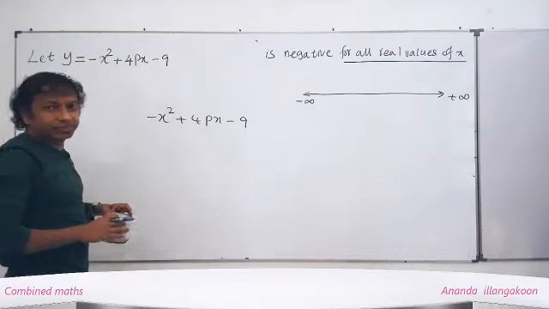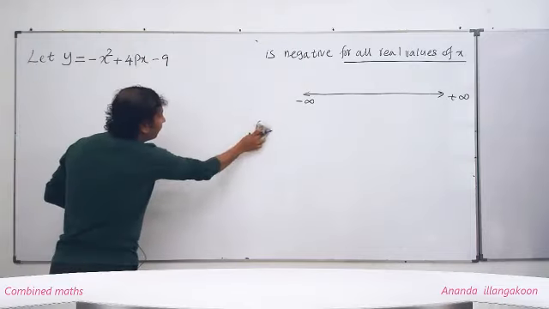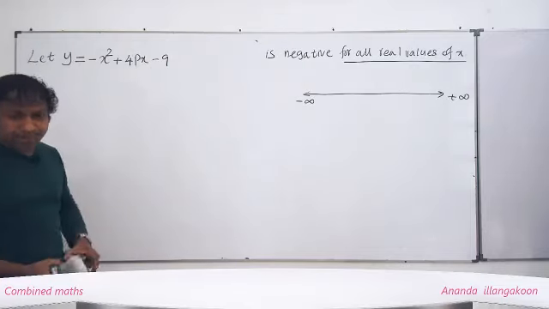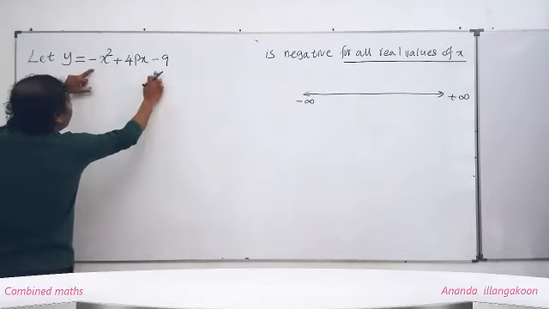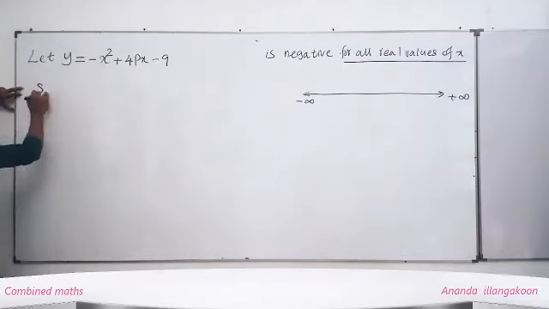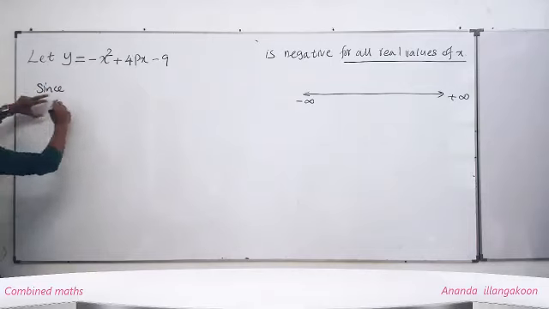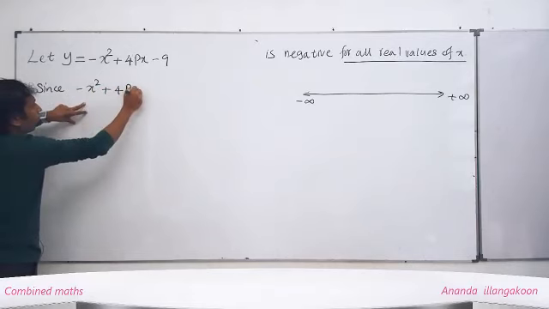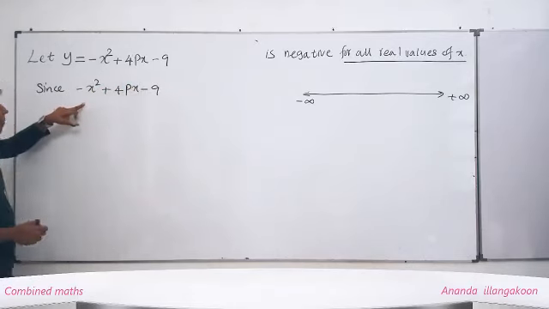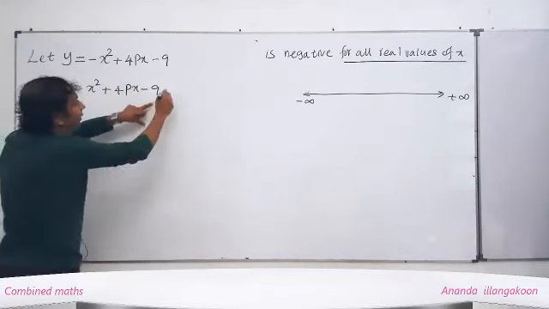Okay. All right, people, now we are given this is negative, no? We can write, since minus x squared plus 4px minus 9 is negative.